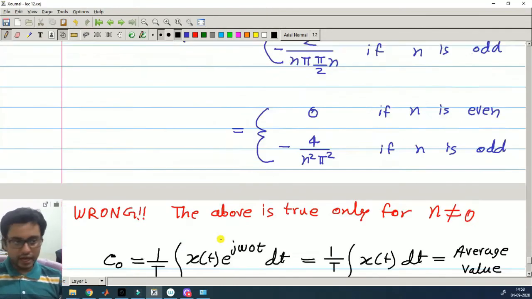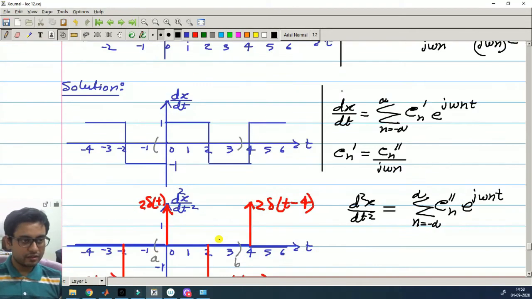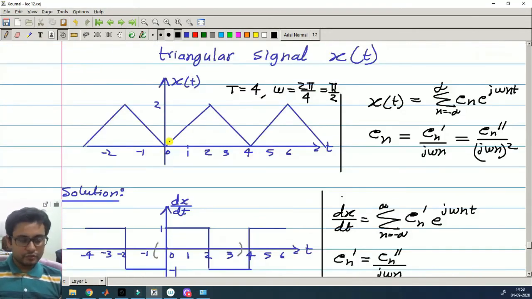Now let us look at the signal. From here the time period is 4 and the area under one cycle is half into base 4 into height 2.